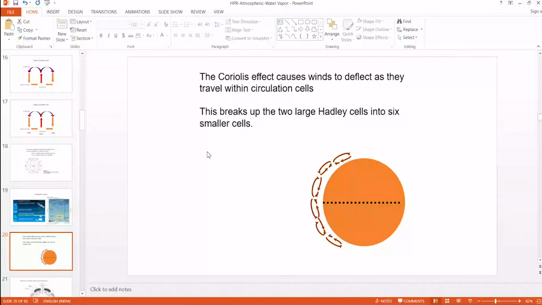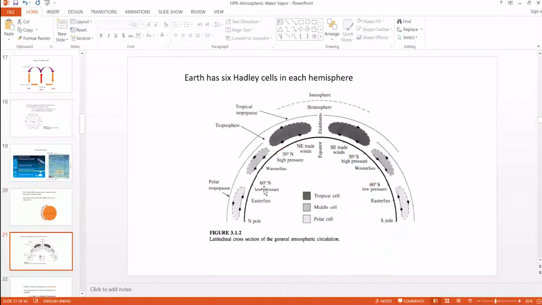Due to this Coriolis effect, the Hadley cycle changes. If the Earth were not rotating, then there would be only two Hadley cycles. But due to Coriolis forces, the Hadley cycle is broken into three small cells, and totally there are six Hadley cells in one hemisphere.